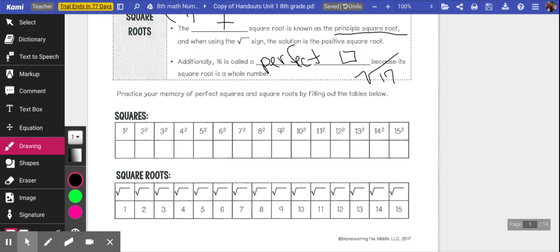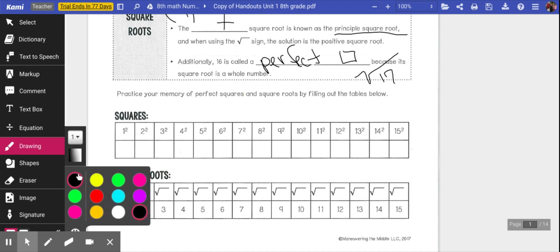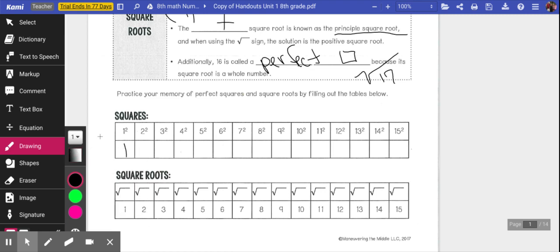So you can use your calculator right now if you need to, but let's try to do it on your own. So these are the perfect squares. 1 squared is 1 times 1, which is obviously 1. 2 squared is 4. 3 times 3 is 9. 4 times 4. 5 times 5. 6 times 6.